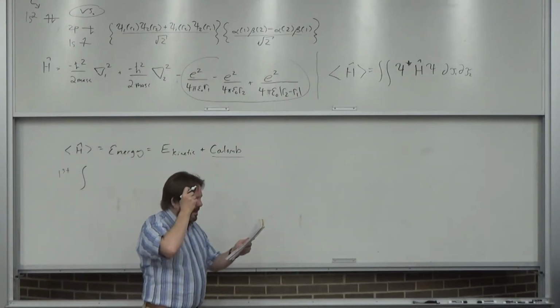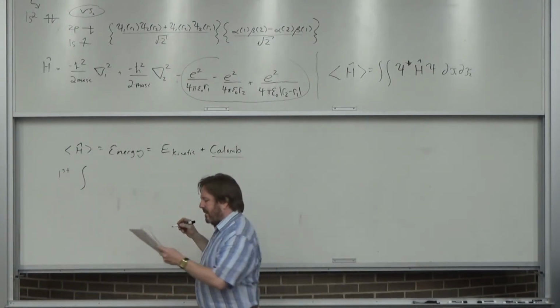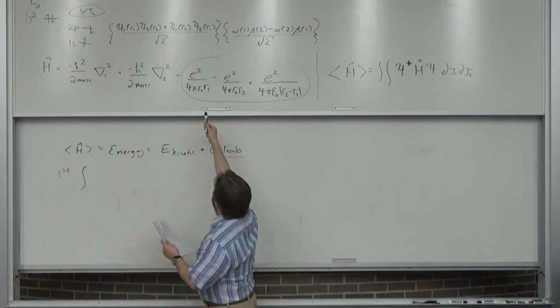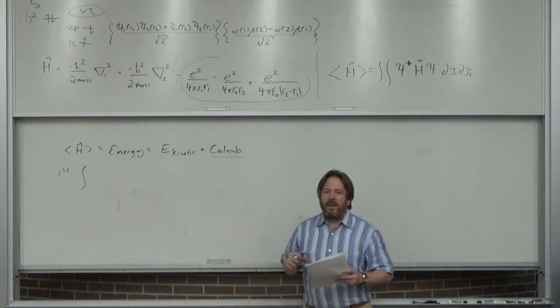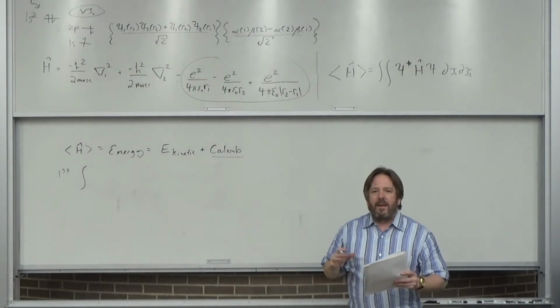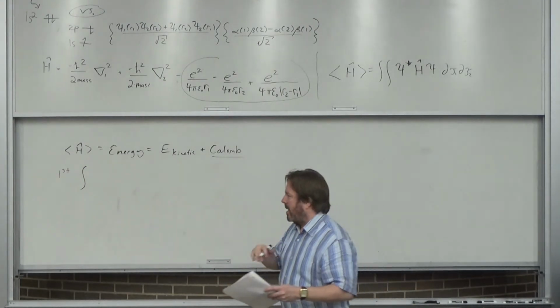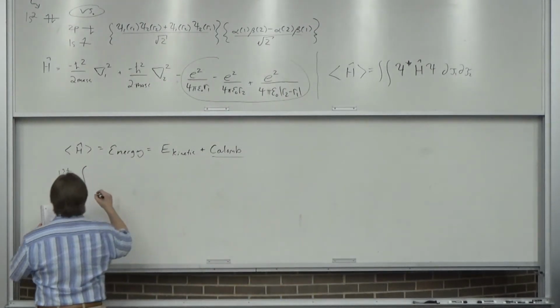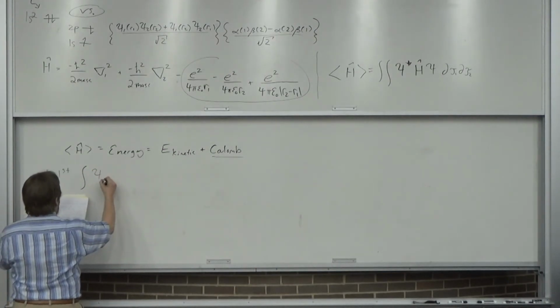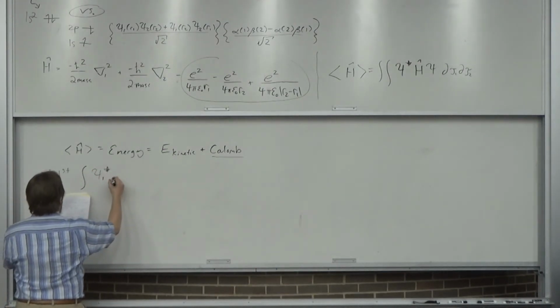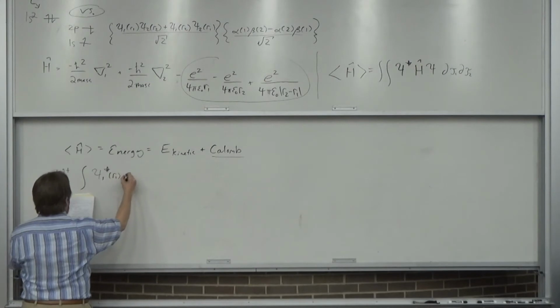This first term has just the R1 in it. That means that the coordinates of the second electron are not going to do anything. All this stuff gets normalized. So that term is going to just do this.